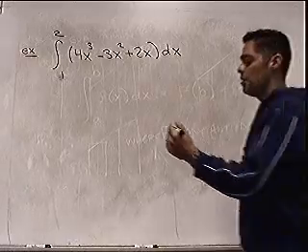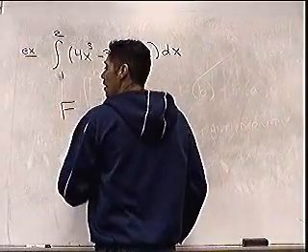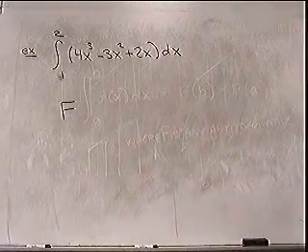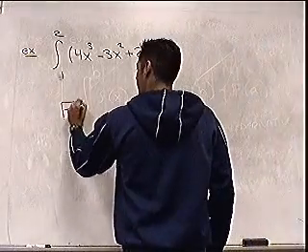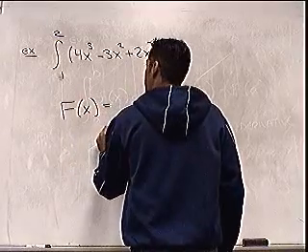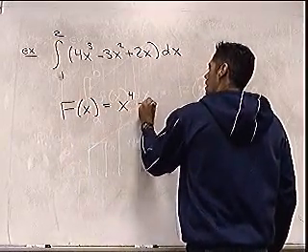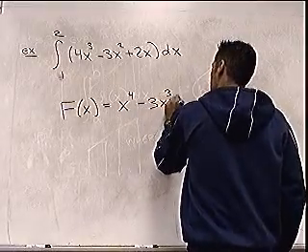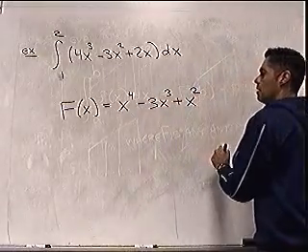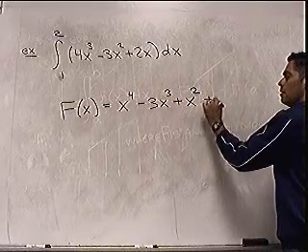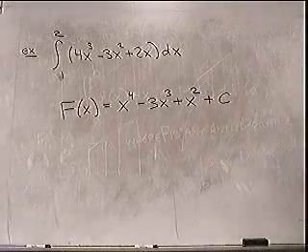So the first thing I need to do is find a capital F, right? So what's a capital F for this one here? Antiderivative. X to the 4th minus x cubed plus x squared plus any constant I want, right? But I'm going to choose c to be 0.